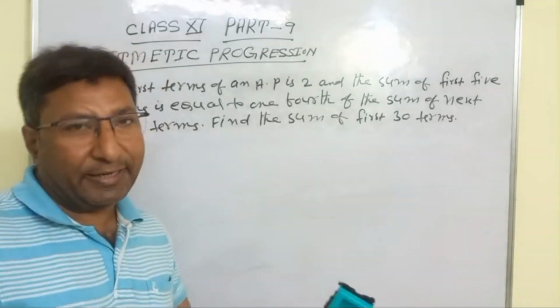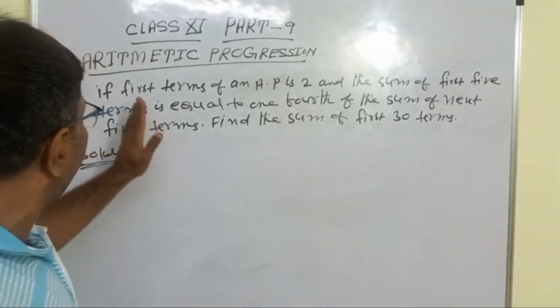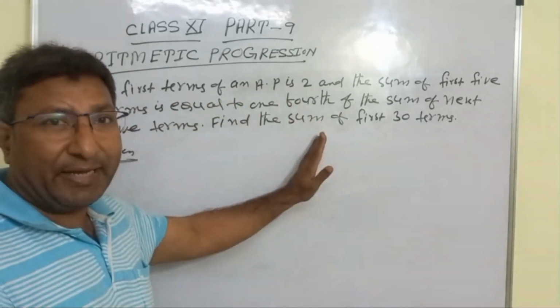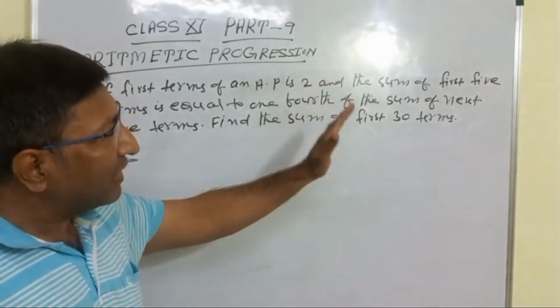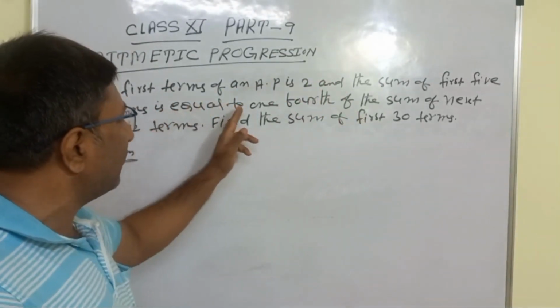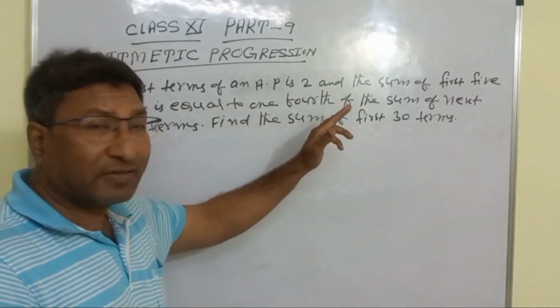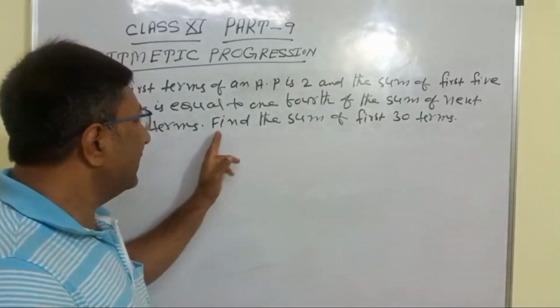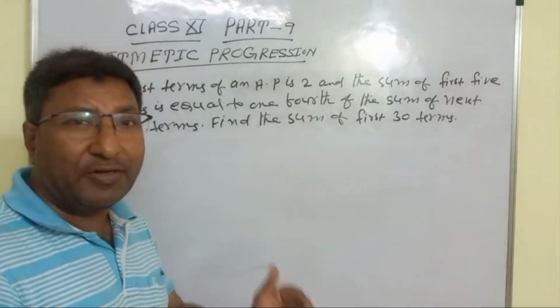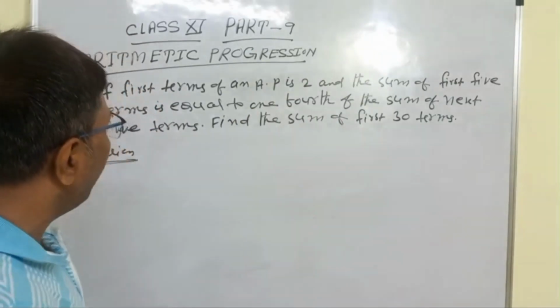Now see the next question. The next question is: if the first term of an AP is 2 and the sum of the first 5 terms is equal to 1/4 of the sum of the next 5 terms, then find the sum of the first 30 terms. So here what is given?